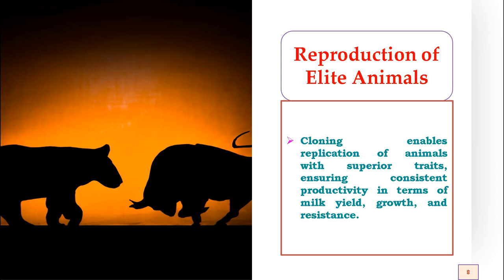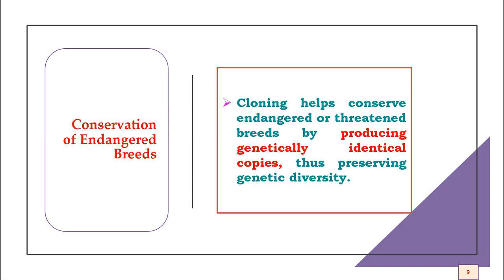The reproduction of elite animals is one of the challenging things, because elite animals have superior traits or qualities in terms of the production of milk, eggs, or sometimes wool. The conservation of local breeds is another application of cloning, which will surely help to conserve endangered and threatened breeds by producing genetically identical animals.